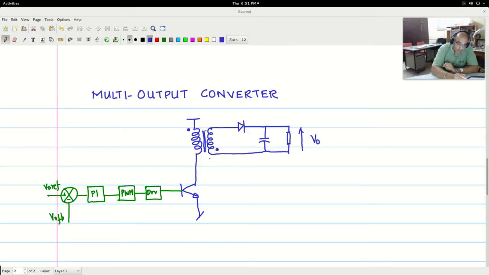So now assume that I have two more windings like this, all wound on the same core.